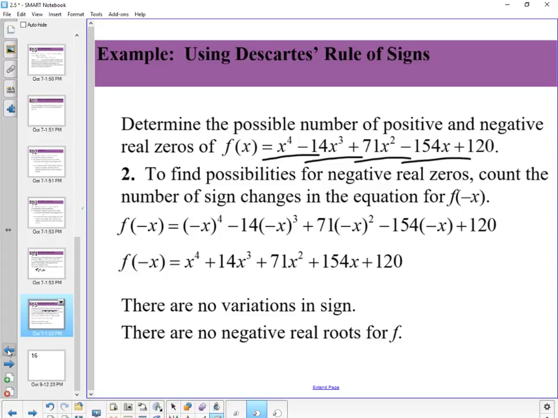It goes from positive to negative, that's 1 change. Negative to positive, that's 2 changes. Positive to negative is 3 changes, and then that's 4 changes. Once you plug in the negative, it would change things around. So you're still counting the same, and that gives you the possibility of negative ones, okay?